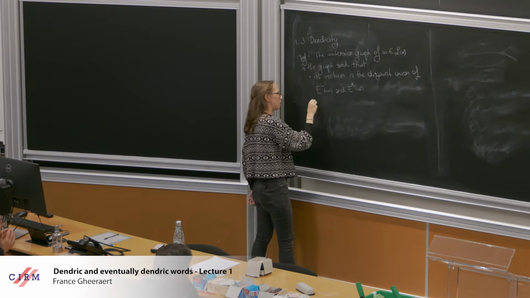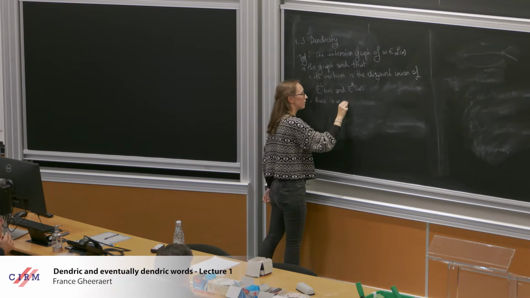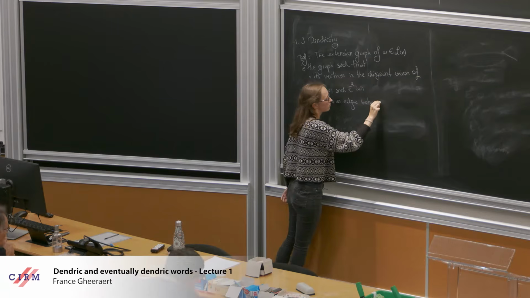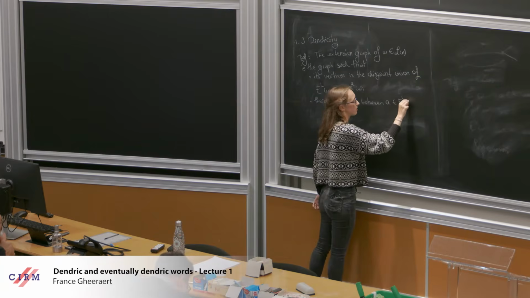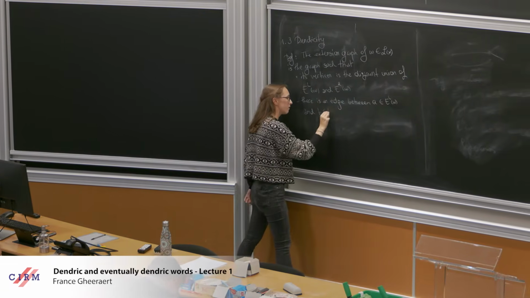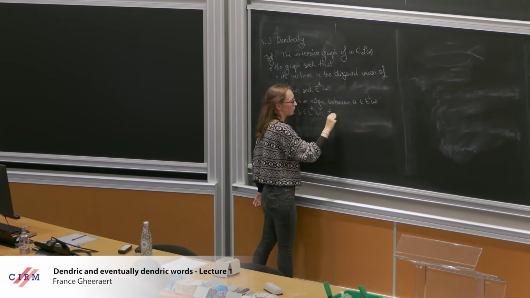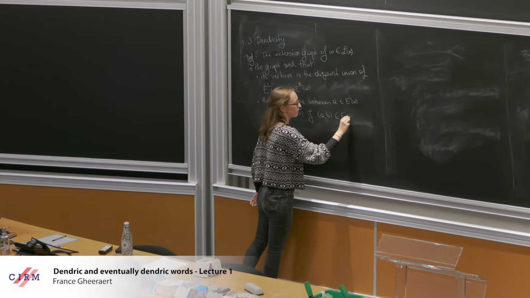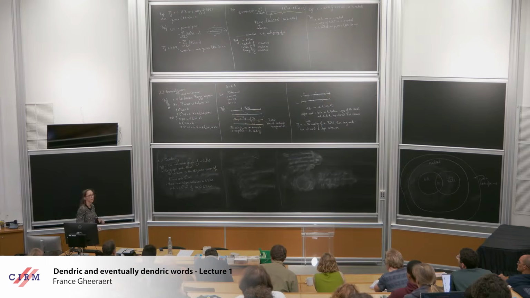And there is an edge between some a, which is a left extension, and some b, which is a right extension, if they are related, so if ab is an extension.